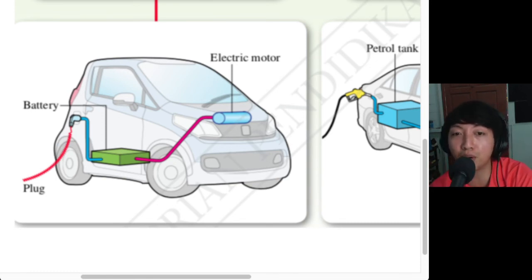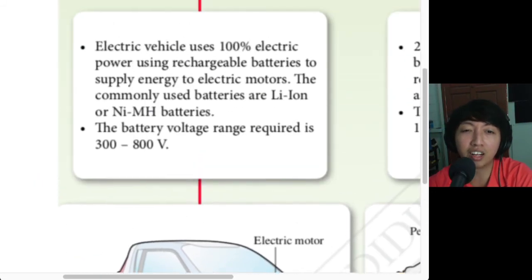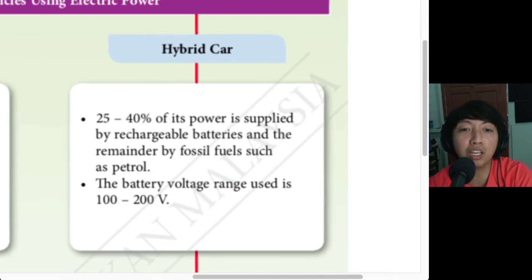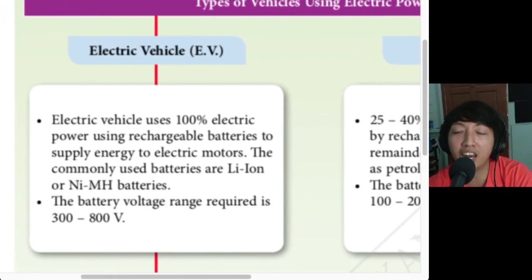That's for a pure electric car. The other type of car we're talking about is the hybrid car. In a hybrid car, instead of 100% of the power being supplied by batteries, only about 25 up to 40% is supplied by rechargeable batteries. Hybrid cars have been around longer than electric vehicles.